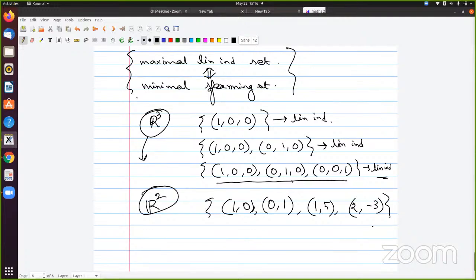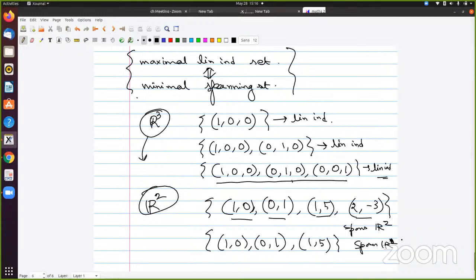Yes, this set spans R2, right? Because only the first 2 elements will by themselves span R2. Whatever the elements are, we can write it. So this spans R2. If I eliminate the last one, is it still a spanning set? Yes, it is still a spanning set.